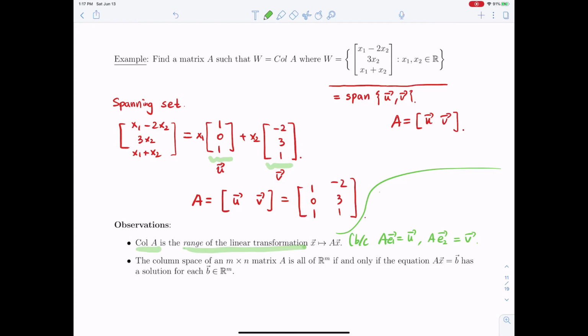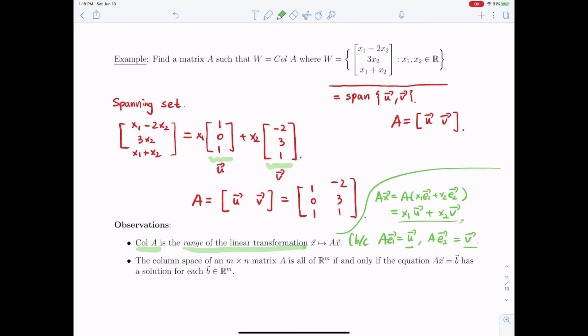So if you write Ax as A times (x1 e1 plus x2 e2), this gives you x1 times the vector u plus x2 times the vector v. Basically, all the elements in the range of this transformation can be written as linear combinations of u and v, or equivalently, they are exactly the same as the column space of A.